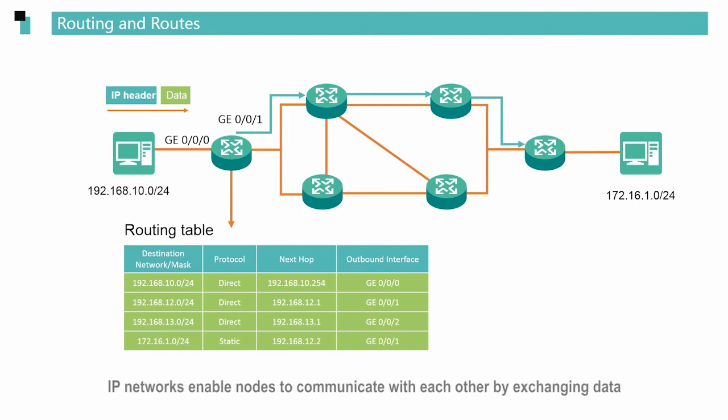IP networks enable nodes to communicate with each other by exchanging data, which relies on network devices for transmission. Each router maintains a routing table locally, which contains routing entries learned by the router. Each routing entry is called a route.